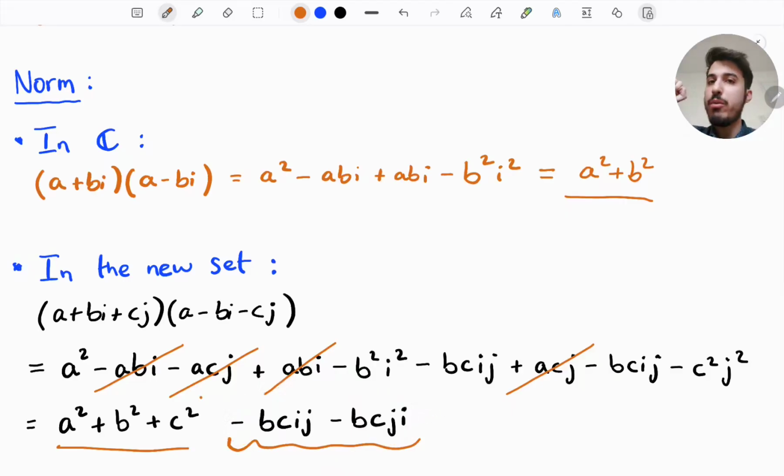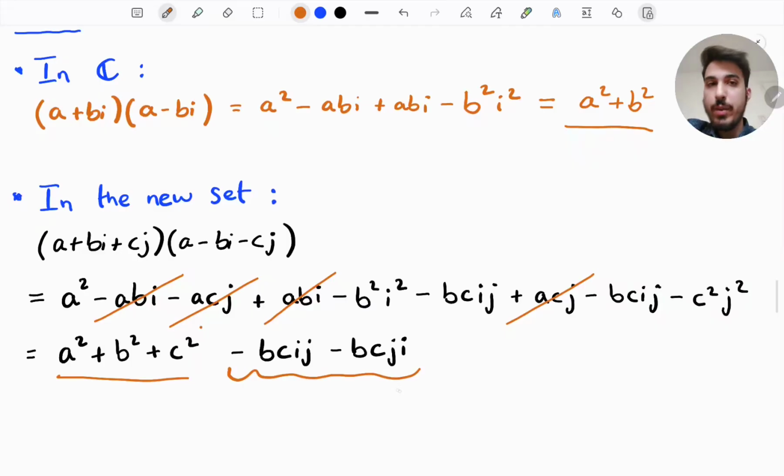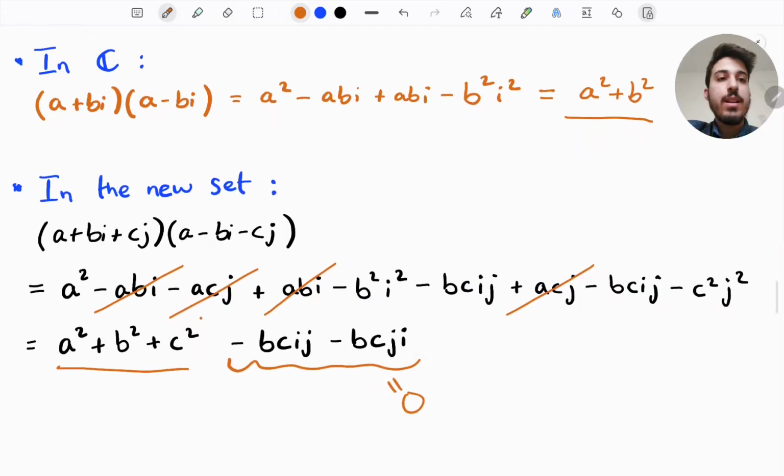We really want to get rid of it, so we want to equate it to 0. And how do we equate it to 0? Well, that means this, which is equal to minus bc times (ij plus ji), and since b and c are assumed to be any numbers, not necessarily 0, this has to always equal 0.